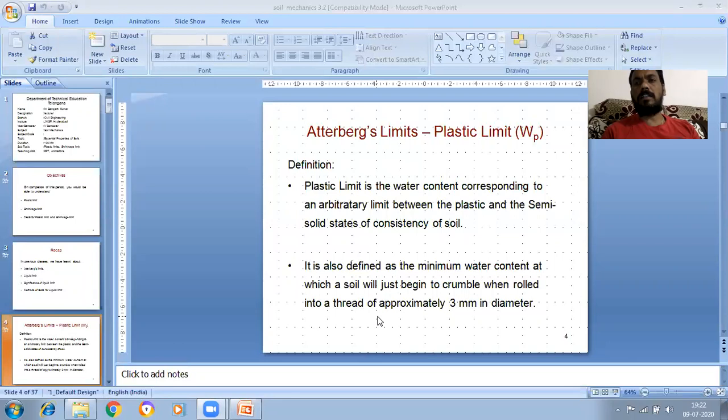If the soil can be rolled into a thread of 3 mm diameter without crumbling, then the water content at that time is called the plastic limit. That is the thing.